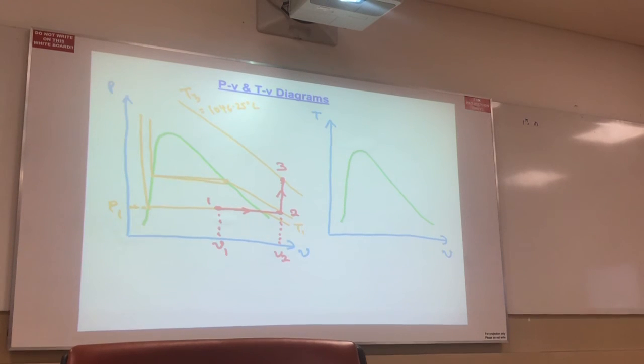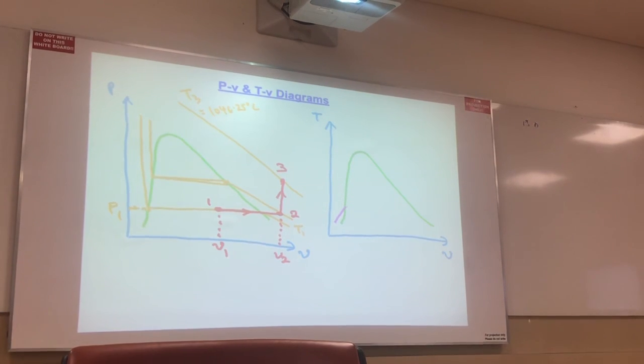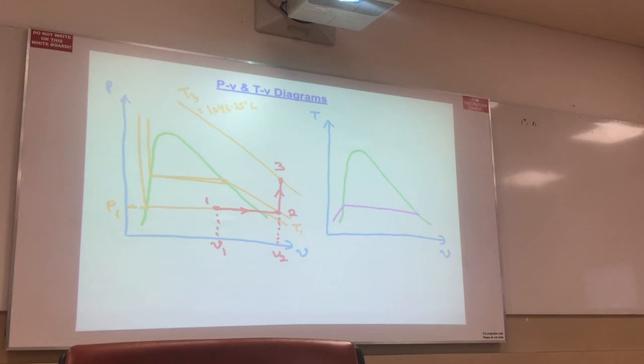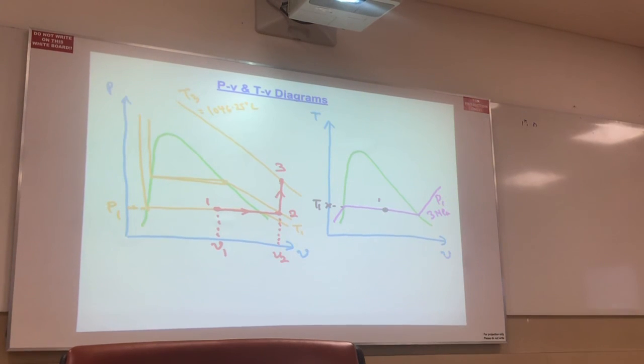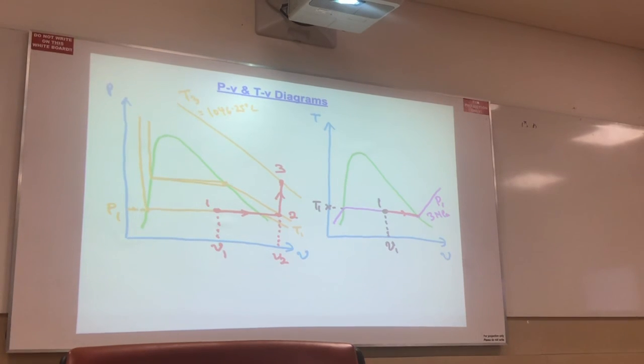Secondly, if you draw a TV diagram, I focus on initial pressure, which is 3 megapascal. You remember? This is the initial temperature T1, and this is the initial specific volume. This is state 1. When you apply heat to the system, it follows a constant pressure process.